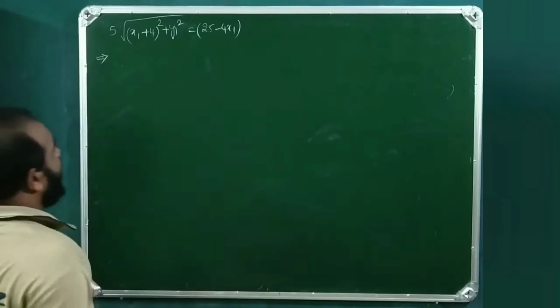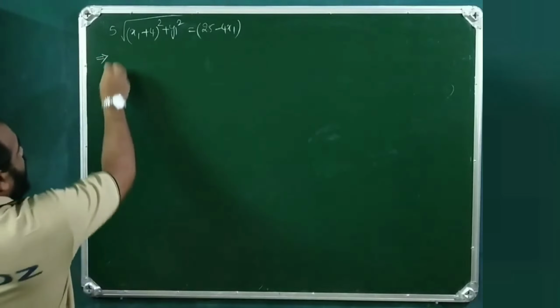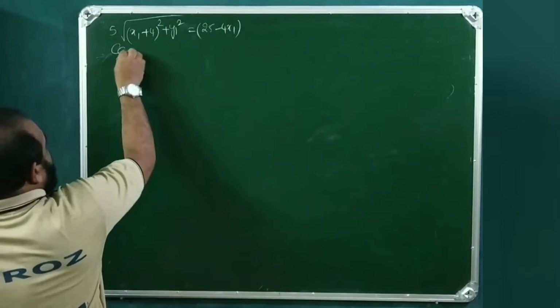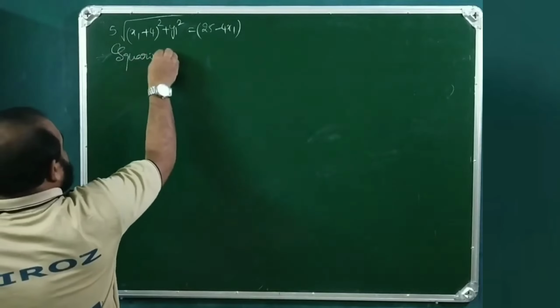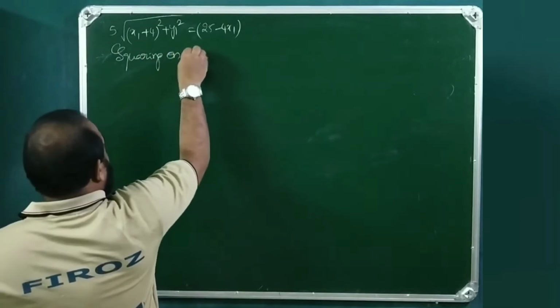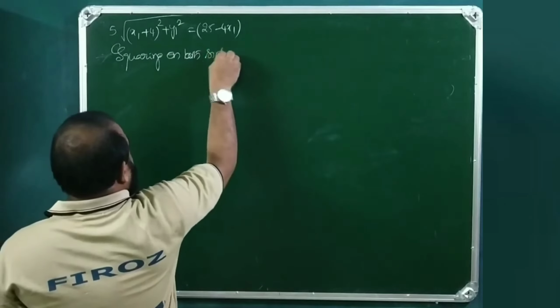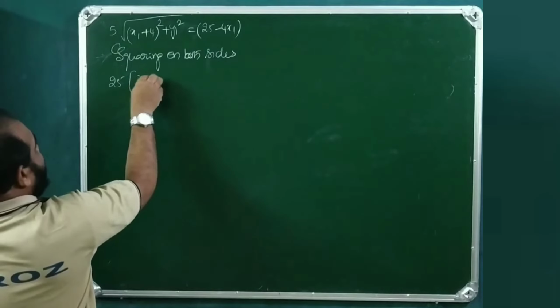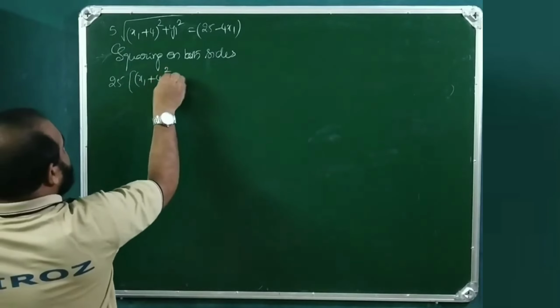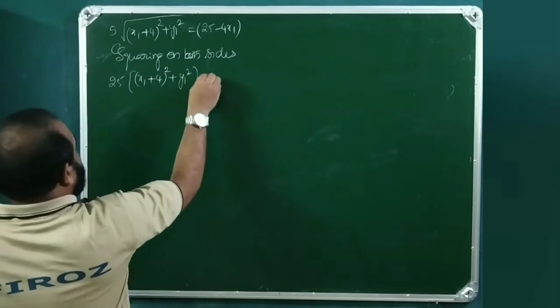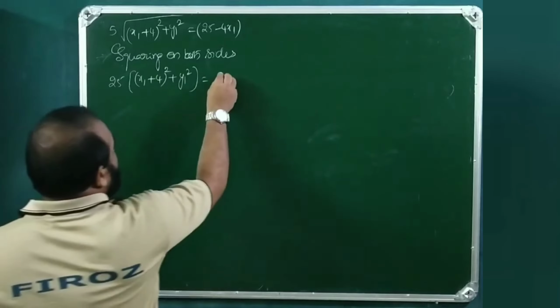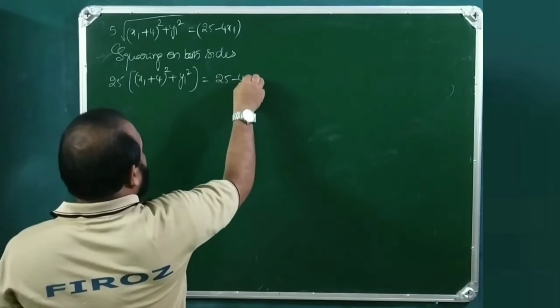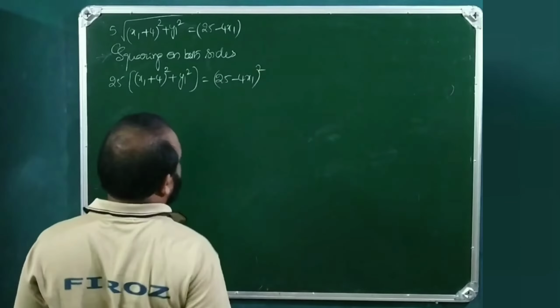Again, squaring on both sides, this is 25 into (x1 plus 4) whole square plus y1 square is equal to (25 minus 4x1) whole square.